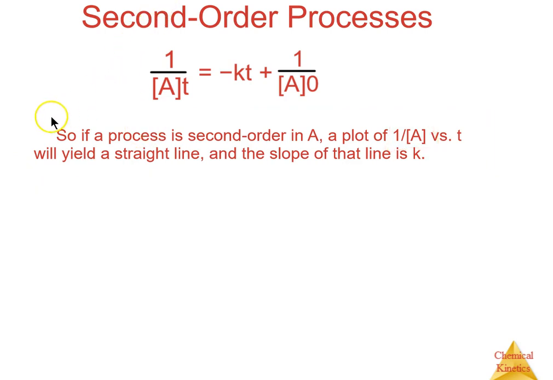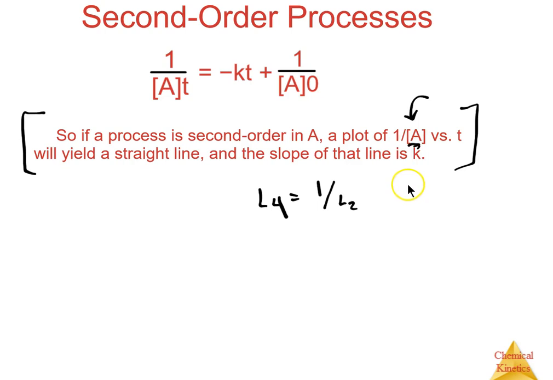Alright, so this is very important. So this is why I had that fourth column, or L4. We said L4, let's put it equal to 1 over L2, because L2 is this value. And that gave us the next set of data that we would need, just in case.